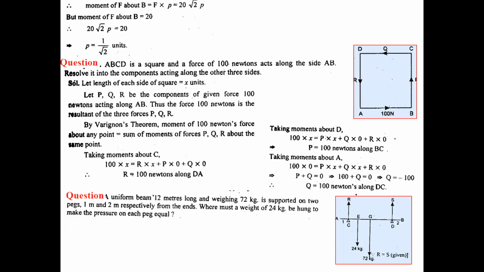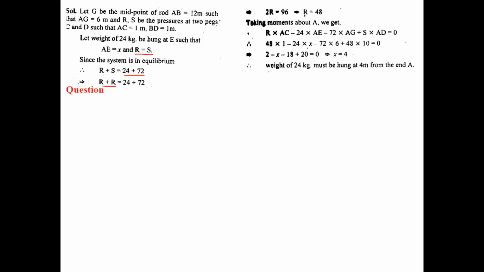So they must balance each other. The resultant of R and S and the resultant of 24 and 72 must be equal. So R plus S will be equal to 24 plus 72. But we are given R equal to S. So R plus R is 24 plus 72. That means the value of R is 48, and therefore the value of S will also be 48.